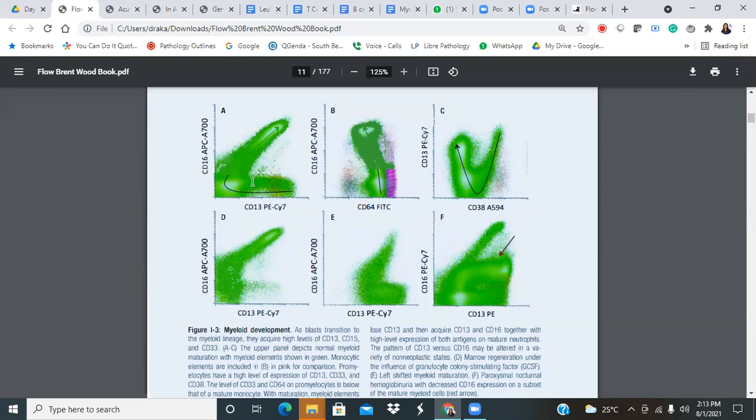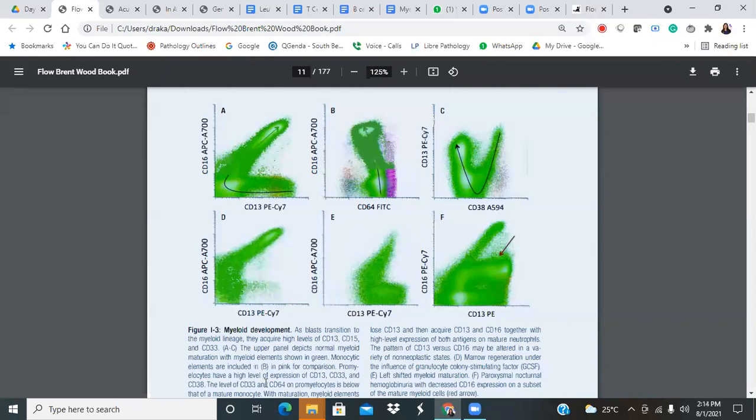And then as blasts transition to the myeloid stage, they acquire high levels of CD13, CD15, and CD33. The upper panel depicts normal myeloid maturation with myeloid elements shown in green. Monocytic elements are included in pink for comparison.